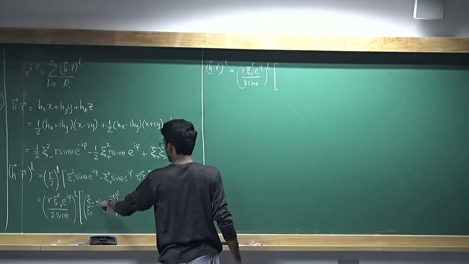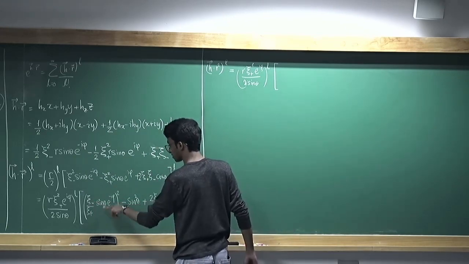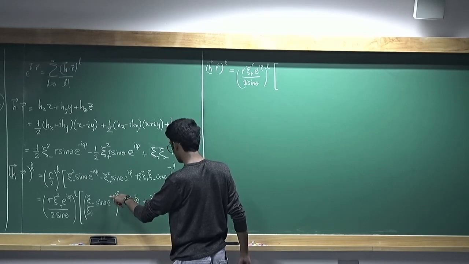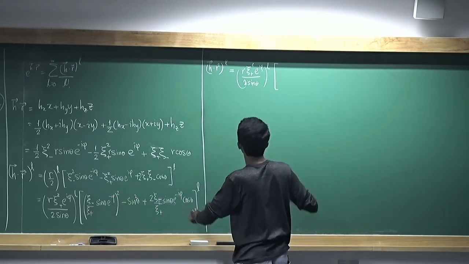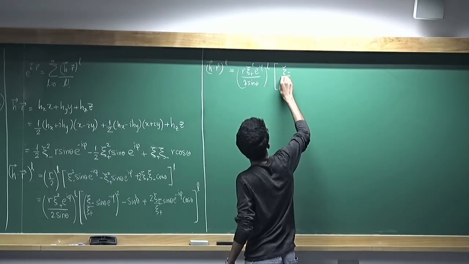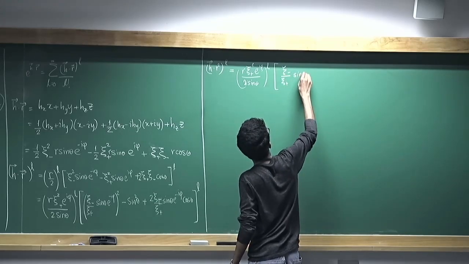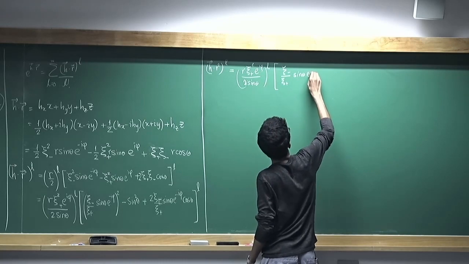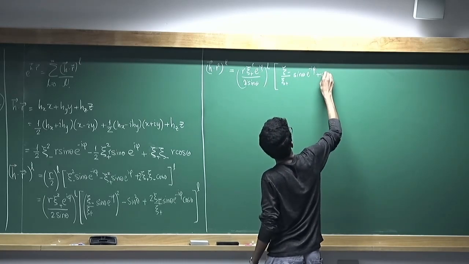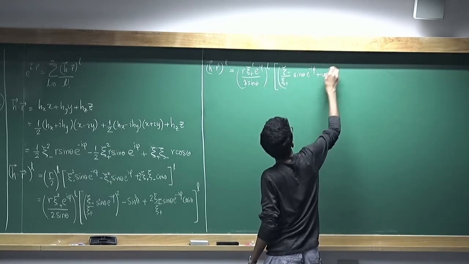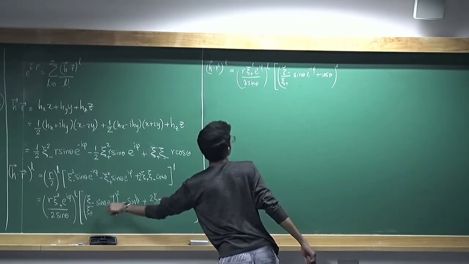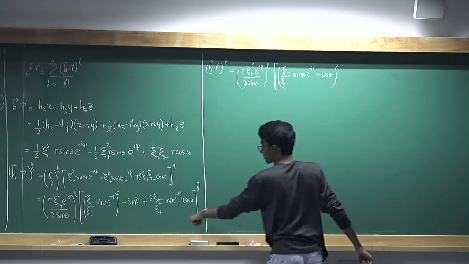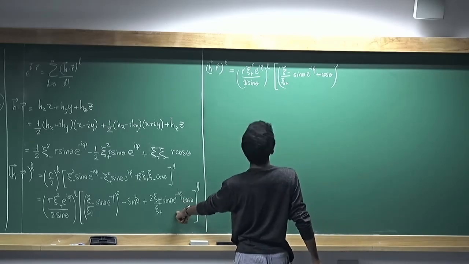Now you notice that I can make this a xi minus by xi plus sine theta e to the minus I phi plus cos theta whole squared, in which case the cross term is already here. So let me write xi minus over xi plus sine theta e to the minus I phi plus cos theta whole squared. Now let's see. Square of the first term is already here. 2 times first term times second term is here, if I did this correctly, right?